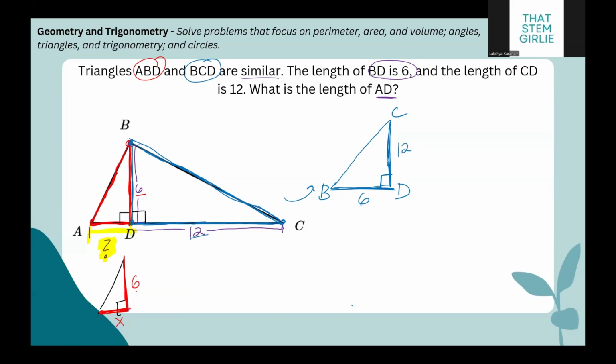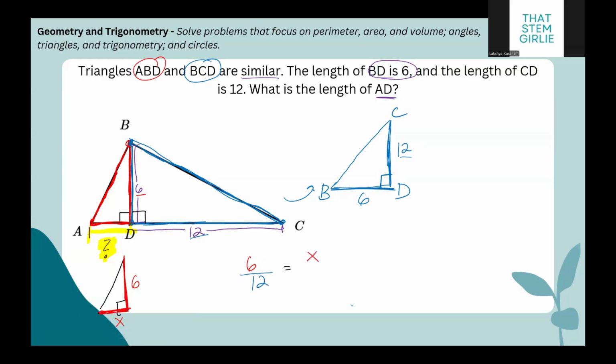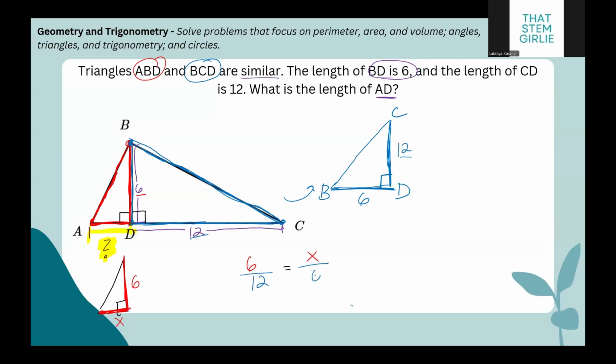If our longest end of red is 6, and the longest end of blue is 12, and we're trying to find the shortest end X, we know the shortest end of blue is 6. So now I'm just going to cross multiply.